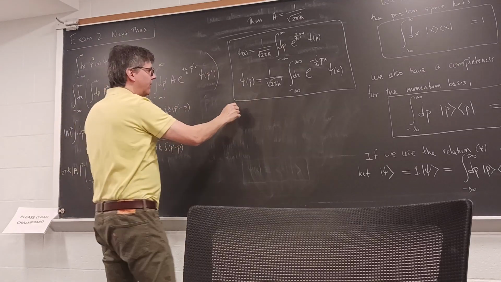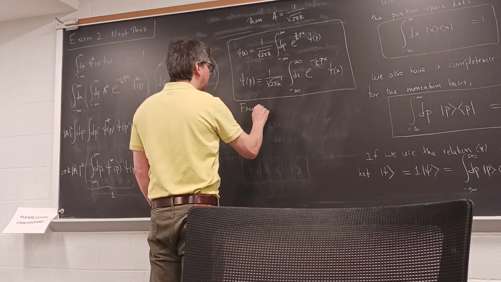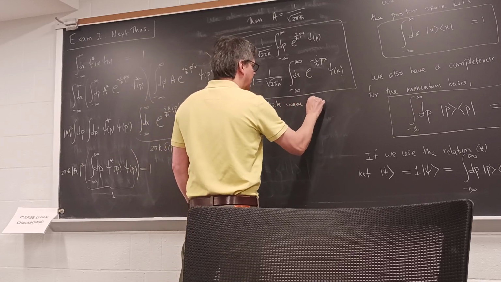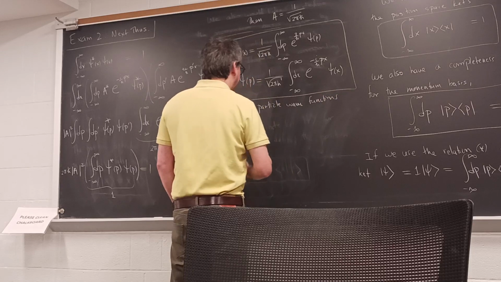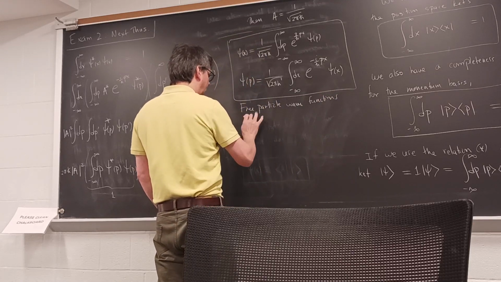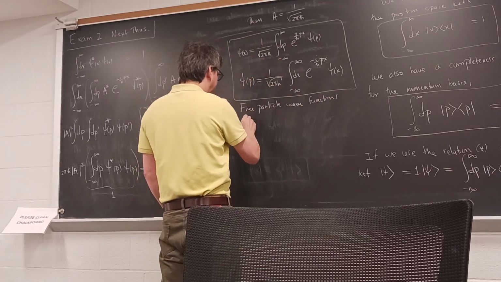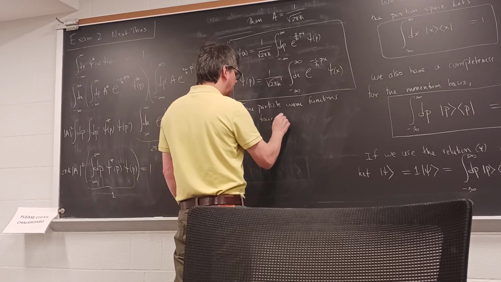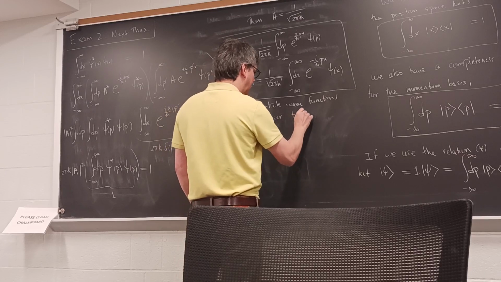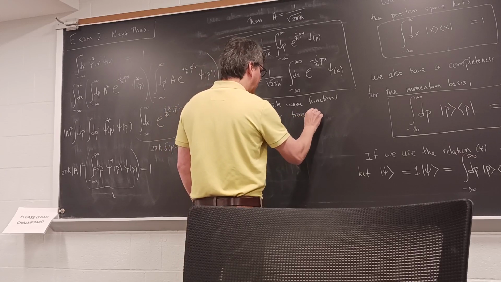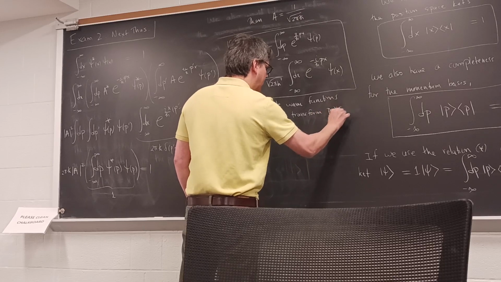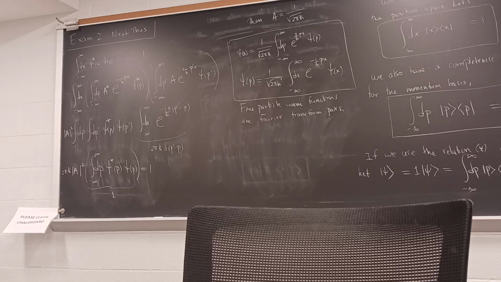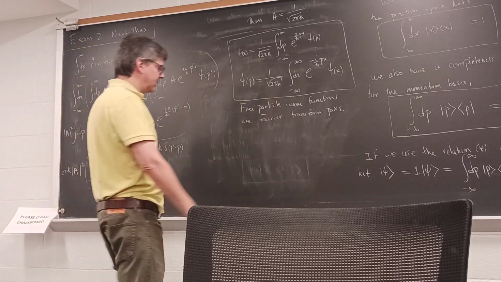Okay, so for a free particle, free particle wave functions are Fourier transform pairs for x and p.